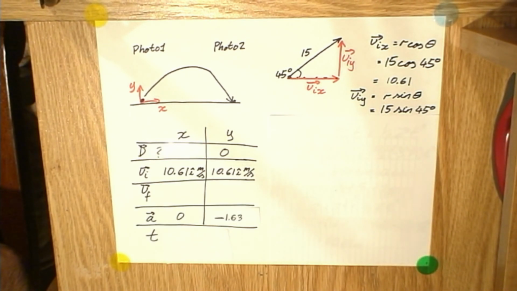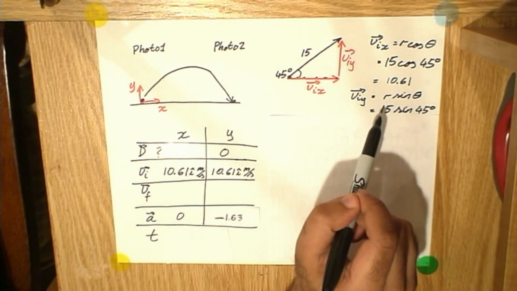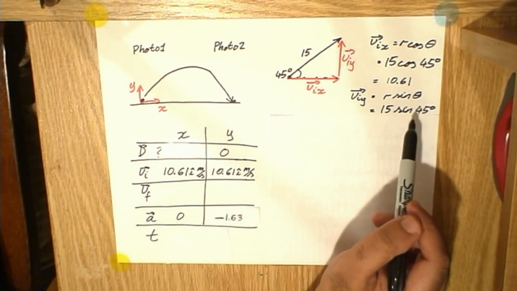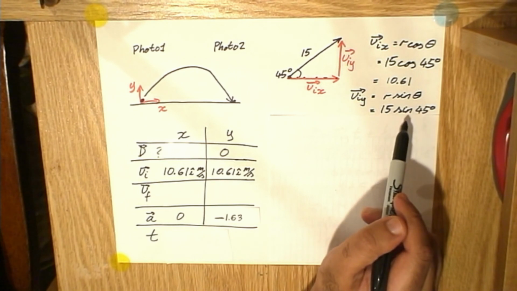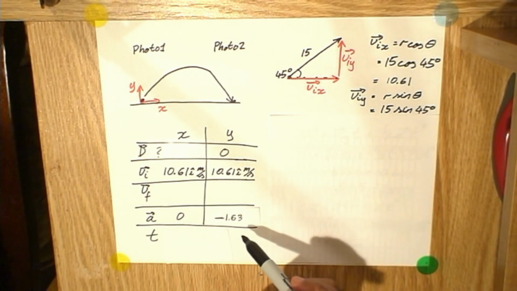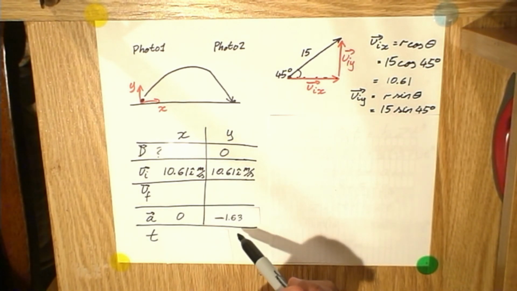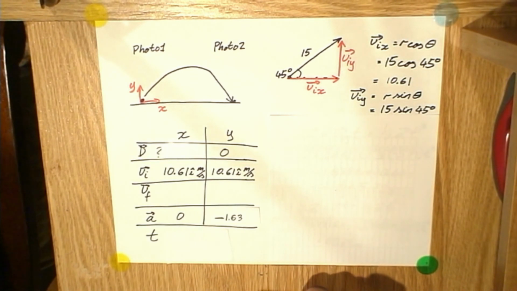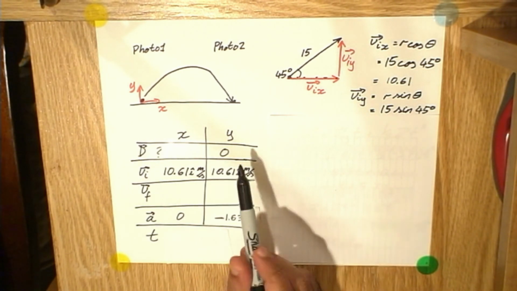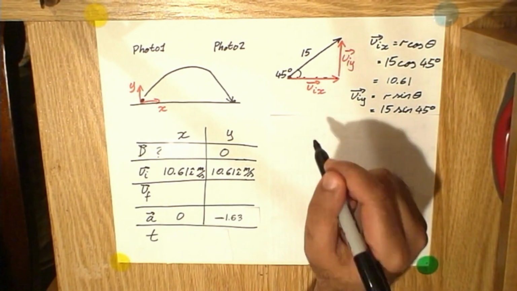The second part of this question was asking what happens if exactly the same soccer ball is kicked in exactly the same way, but this time we're on the moon. On the moon, acceleration due to gravity is negative 1.63, much smaller than what it is on Earth or even on Mars. So let's first find out how long it takes for the soccer ball to land. The process will be exactly the same as before.